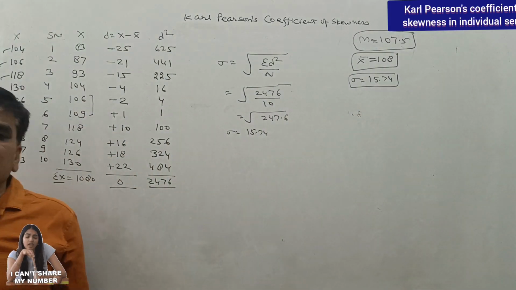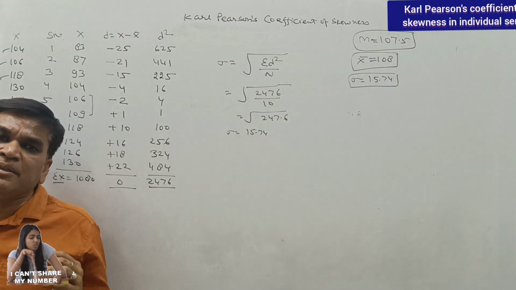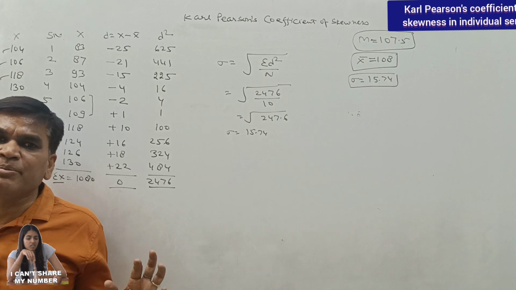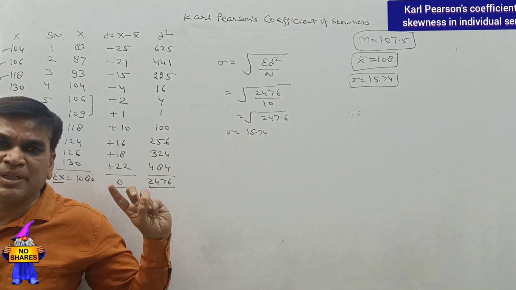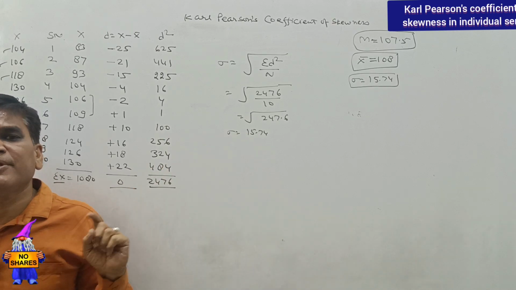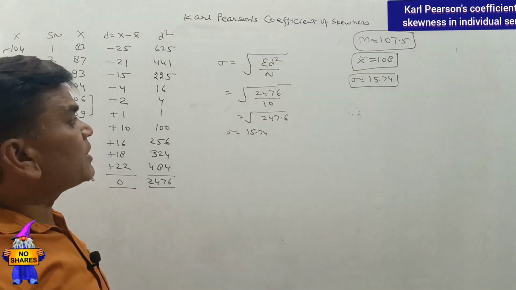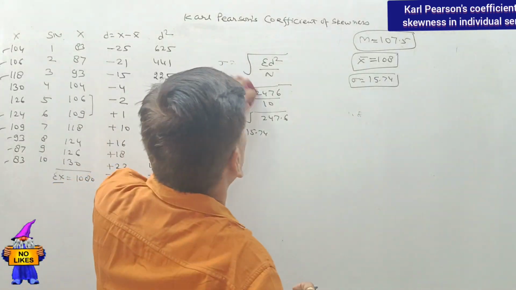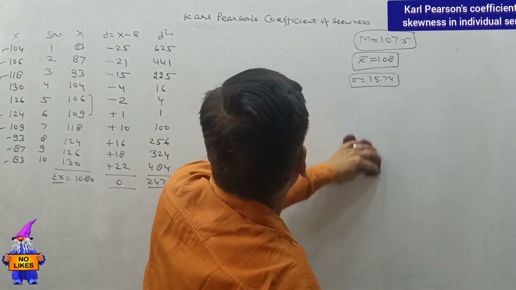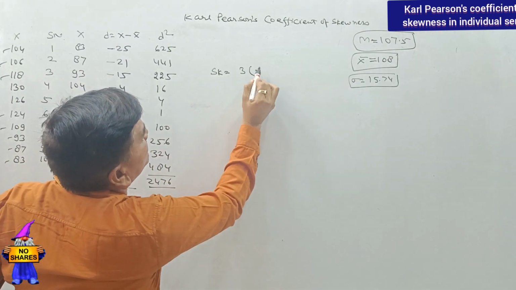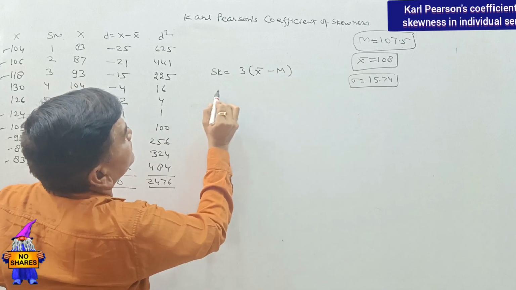For calculating skewness by Karl Pearson's method we need three values. We want the median, which is calculated, the arithmetic mean, which is also calculated, and the standard deviation, which is also calculated. So now with the help of Karl Pearson's method, the skewness is 3 times (x bar minus m).